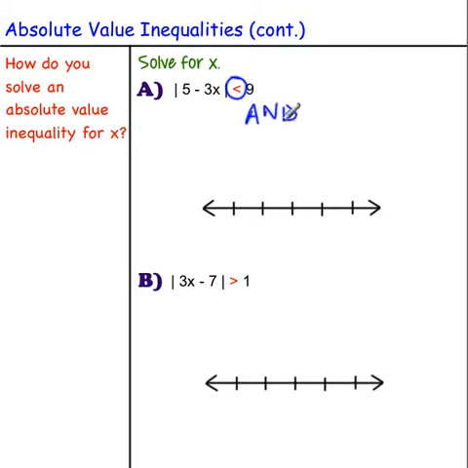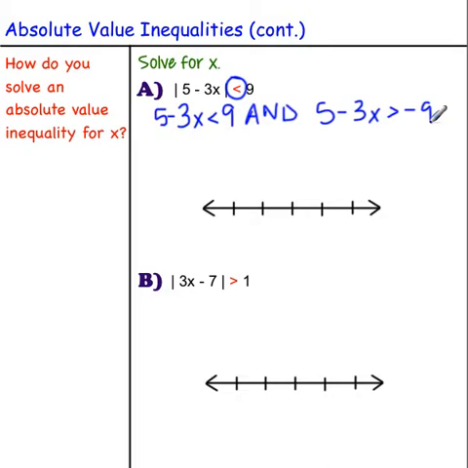We keep the first one, 5 minus 3x is less than 9, and 5 minus 3x is greater than, so we change it, and the second change, negative 9. Once we do that, we go about solving these the same as we always would, but solving them separately.